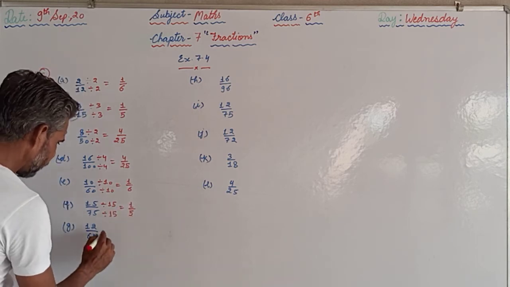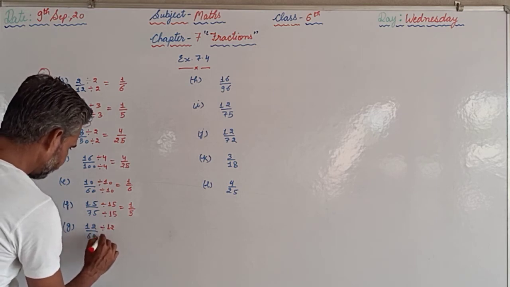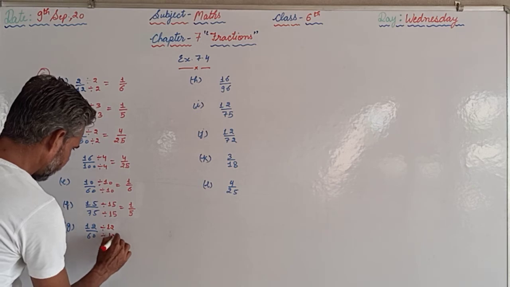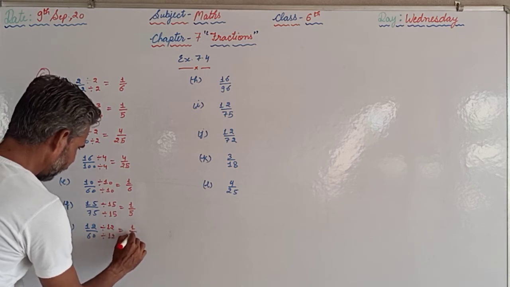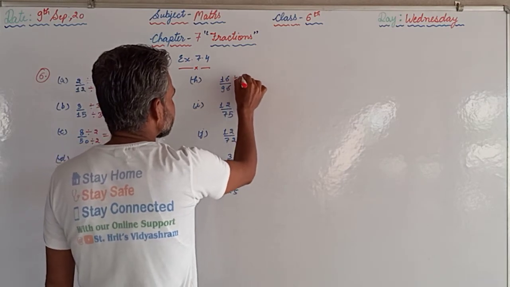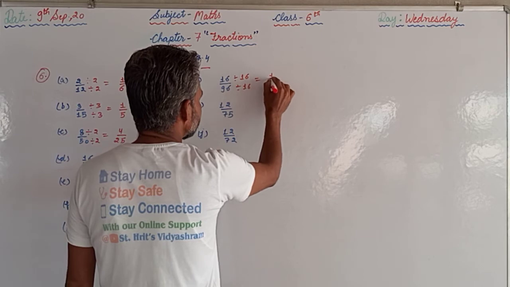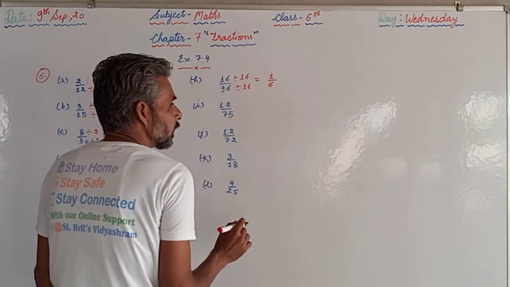Here 12 upon 60, both the numbers can be divided by 12, and 12 1s are 12, 12 5s are 60. Here 16 and 96 can be divided by 16: 16 1s are 16, 16 6s are 96.